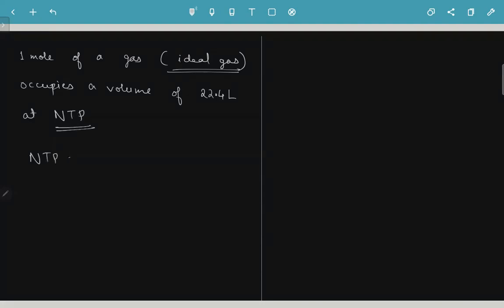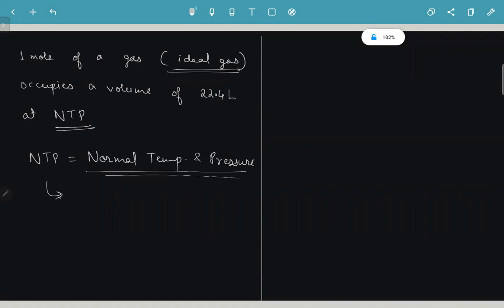NTP stands for normal temperature and pressure. The value of temperature is 0 degrees Celsius or 273 Kelvin.